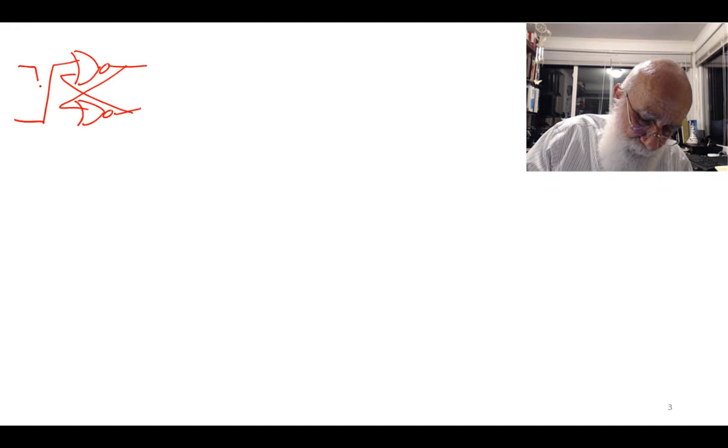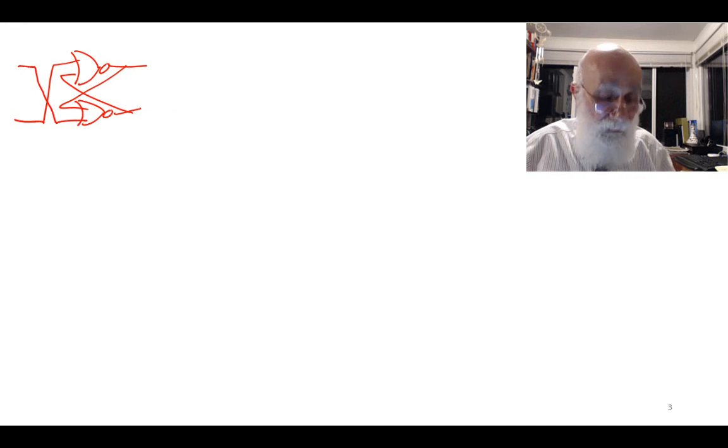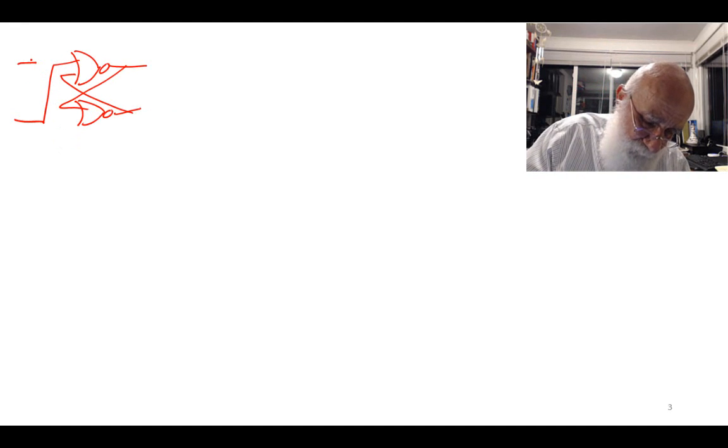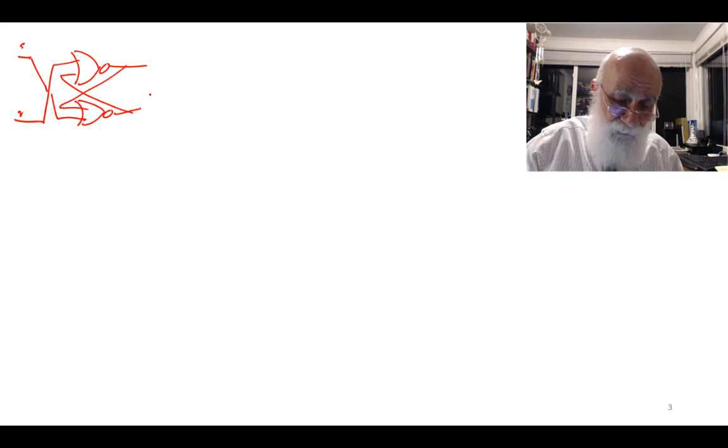So I'm going to take that gate, cross-coupled NOR gates, and there's an S, there's an R, there's a Q, and there's a Q bar.